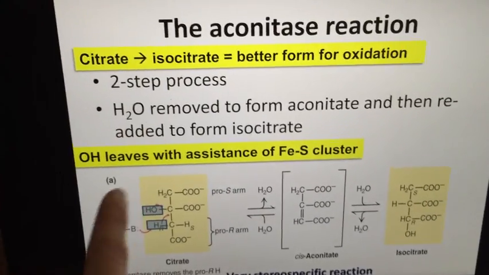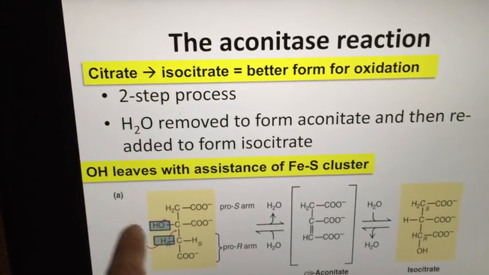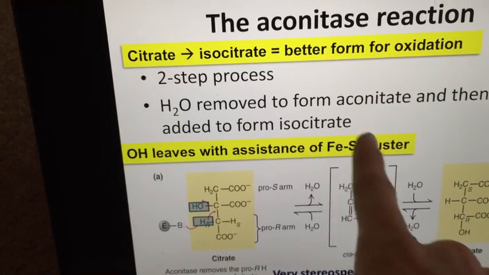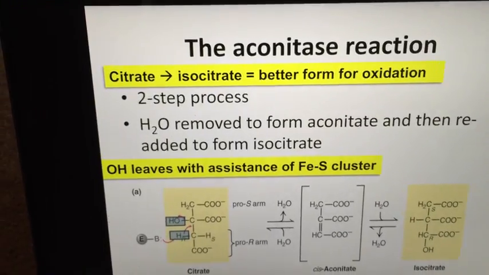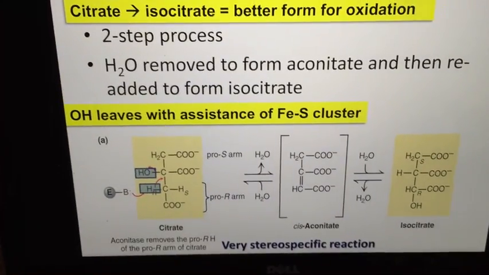Now, this OH has to be removed, because of course we are removing water, H and OH. This OH is not a very good leaving group on its own, and this is why this enzyme, aconitase, contains an iron sulfur cluster, and the iron sulfur cluster helps to remove the OH group.